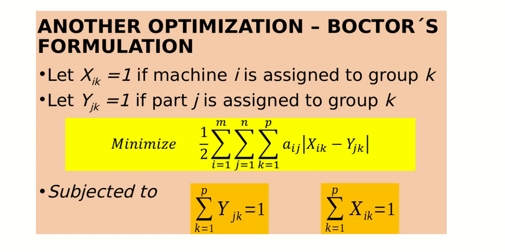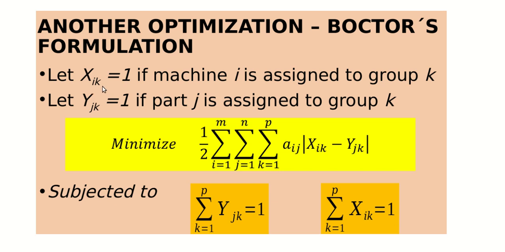Second part, the minimization function. In this case, the minimization function takes this form: Aij, absolute value of xik minus yjk. So here xik and yjk are binary variables.